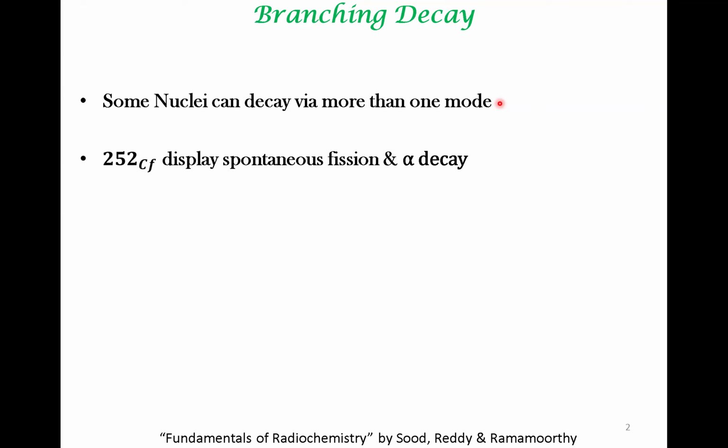For example, californium can display spontaneous fission and alpha decay, right? So we will come into many such cases as we progress along this course. So this is a simple example. Let's say this is californium.